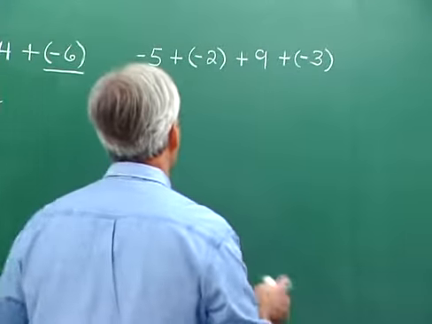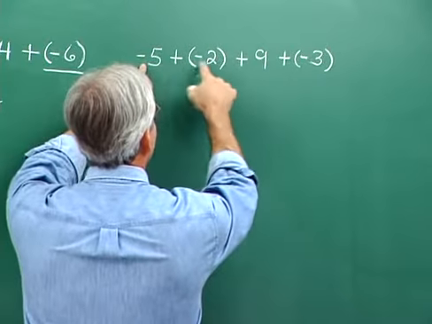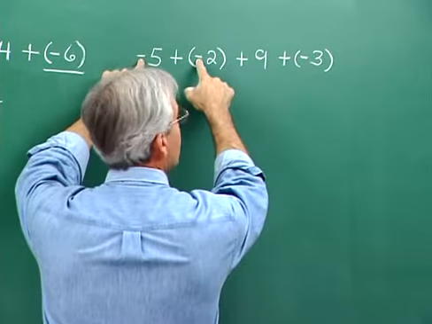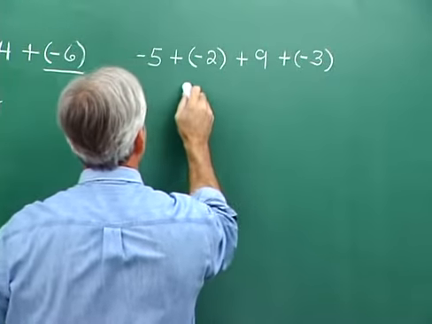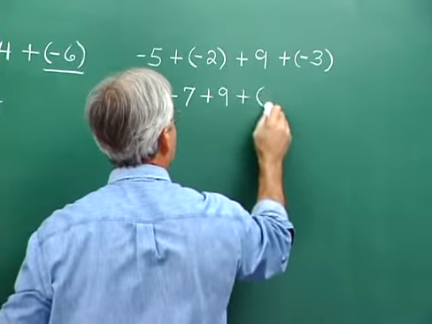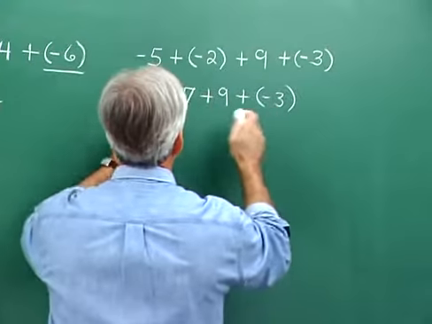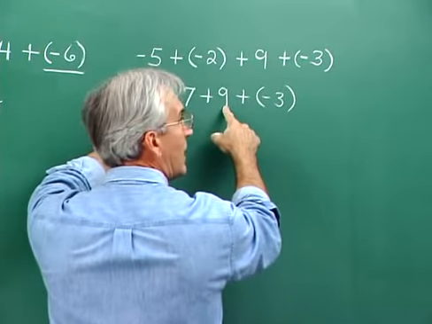But going from left to right, we're thinking negative 5 with negative 2. You see, negative 5 plus negative 2. Signs are the same, so we add the digits and attach the common sign, and then bring down the other integers. And now, left to right once again, negative 7 with positive 9.